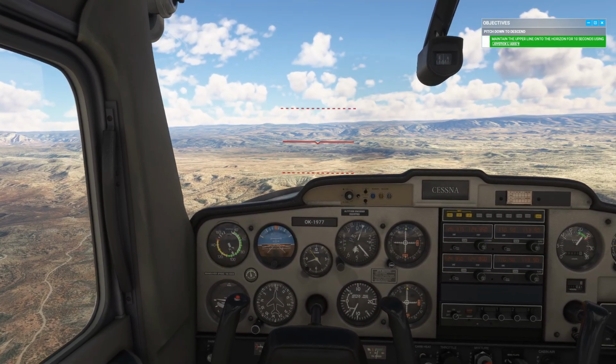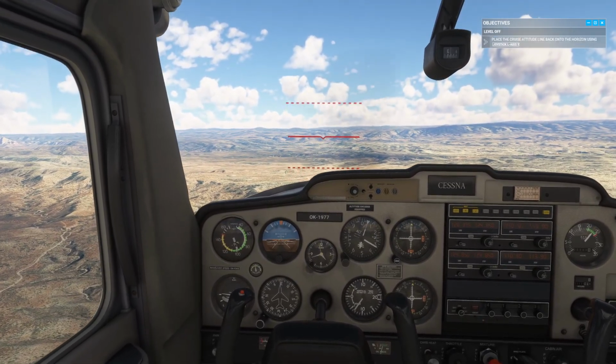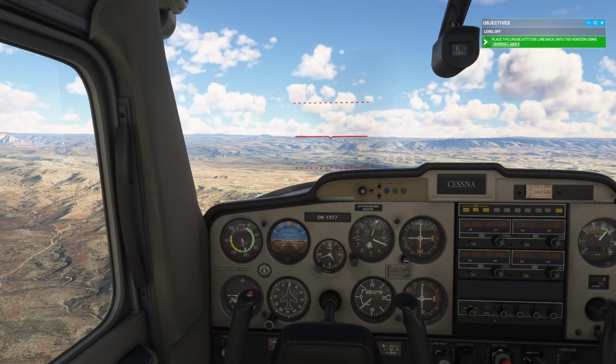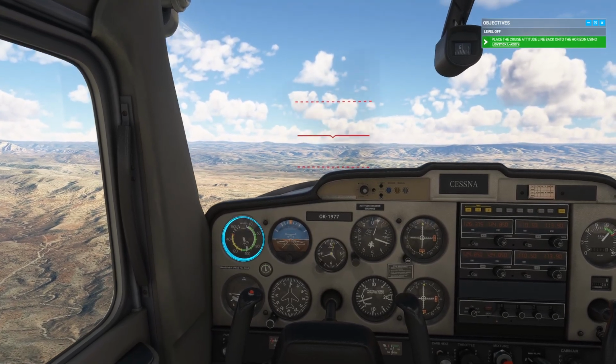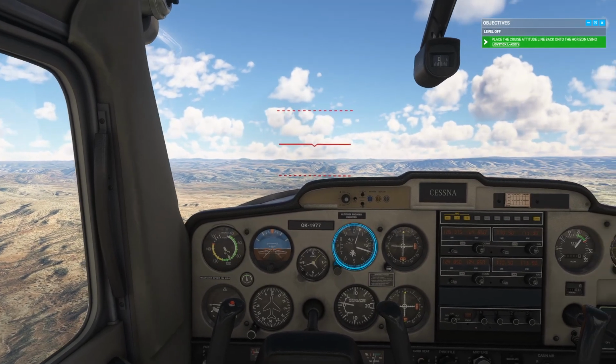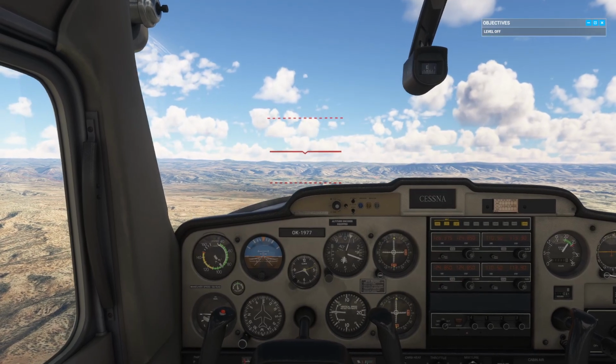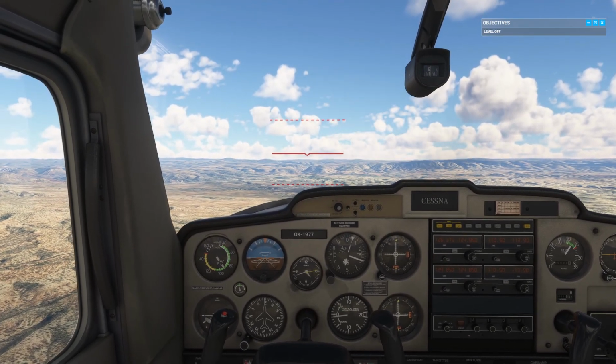Great. Okay, bring us back to level flight. Now your speed is decreasing and your altitude is stable. That's good. Try to make only small adjustments to your pitch to avoid overcorrection.